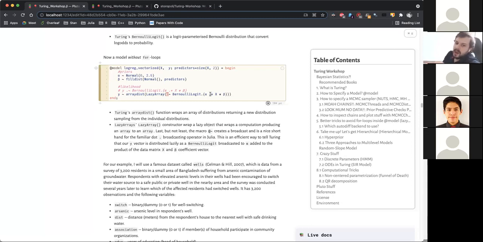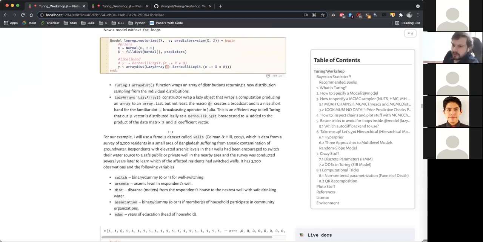So I have to vectorize a sum, otherwise I get dimension inconsistency. And then I do a whole matrix multiplication, X, our matrix, times our betas, which is our coefficient vector, and the size of our predictor. So this is how you would get rid of a for loop.